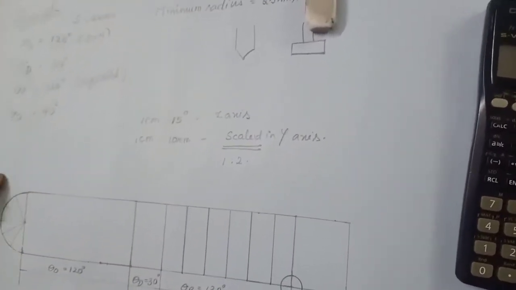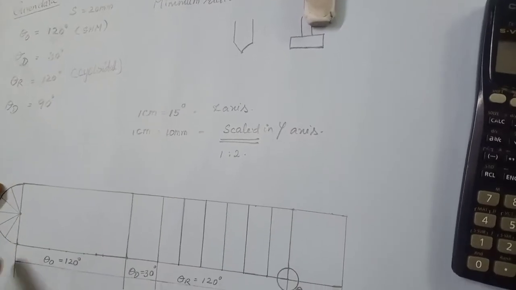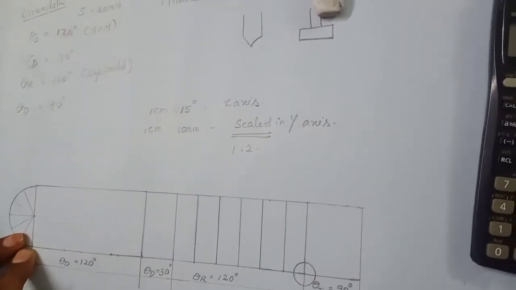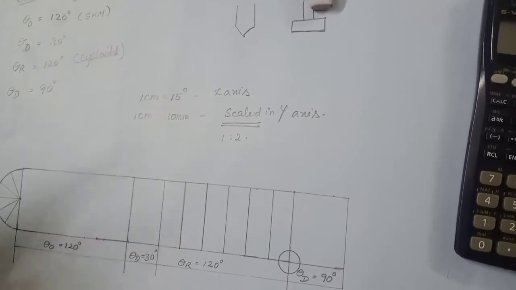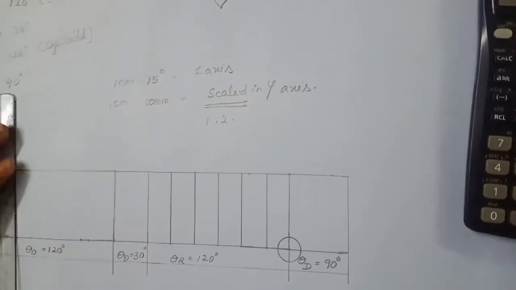So I have taken the stroke length double, that means 40 mm. With the help of that, the degrees do not change, so I kept them as they are.